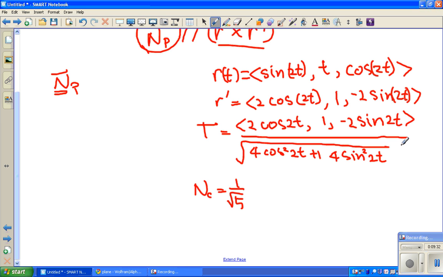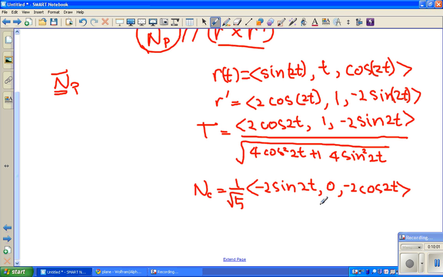And then we'll be taking the derivative of the numerator, which now becomes negative 2 sine of 2t, comma 0. And then here we end up getting negative 2 cosine of 2t.